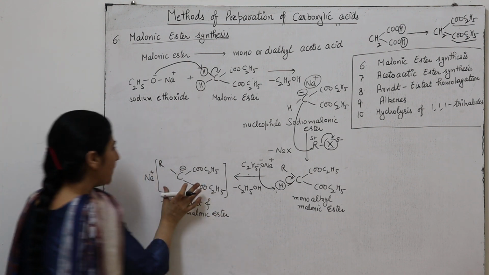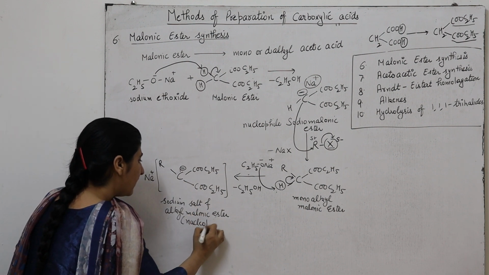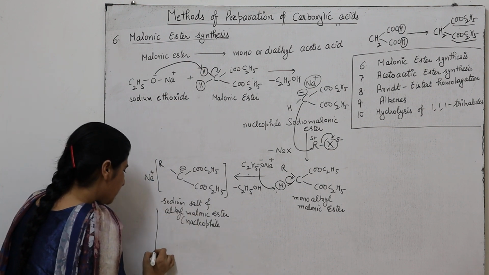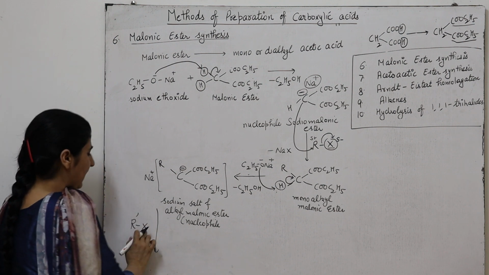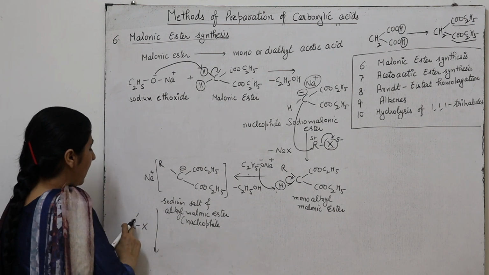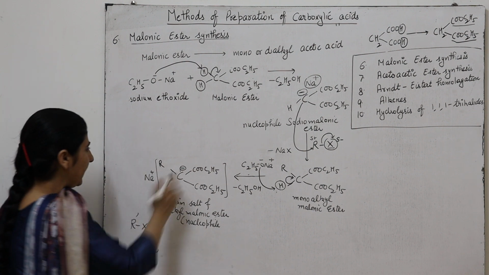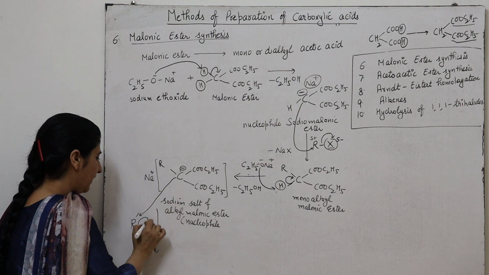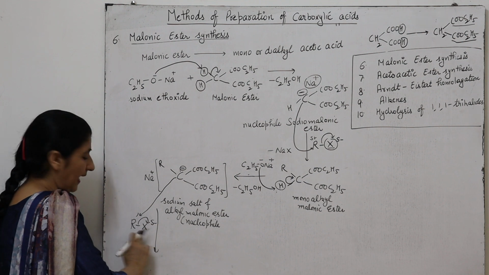This monoalkyl molecule again acts as a nucleophile, so it has a tendency to react with an electron deficient site. Here I am taking R dash X, where R and R dash may be the same or different. The carbanion attacks this R dash, and there is a shifting of electrons toward the halide group.